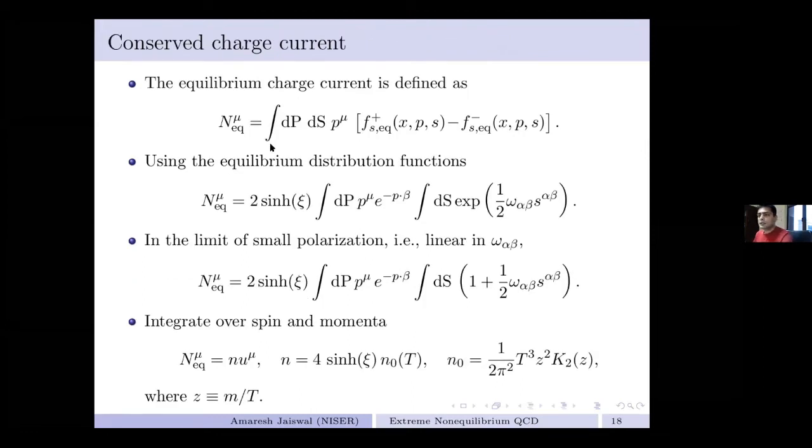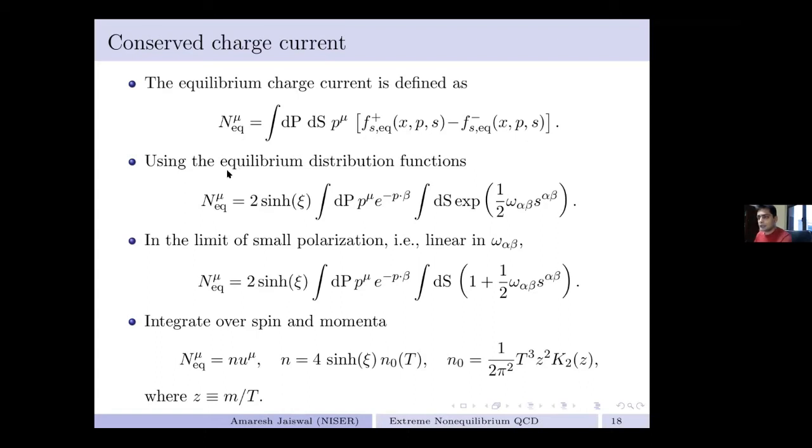So we use the usual definitions of the charge current, N mu, in equilibrium. Now the integral is both over the spin and the momentum degrees of freedom, weighted with the particle four-momentum times the difference of the particle and antiparticle distribution functions. This is the net charge current, which is conserved.